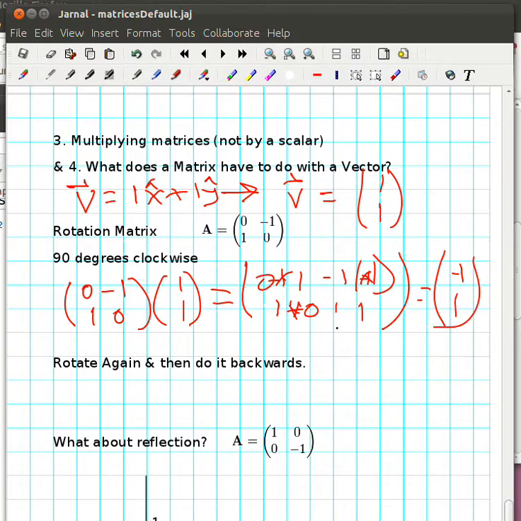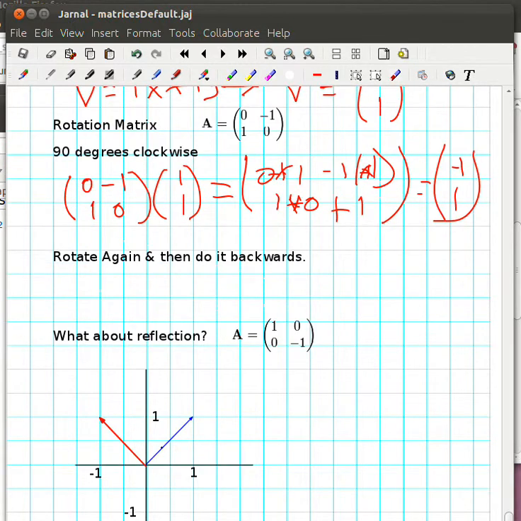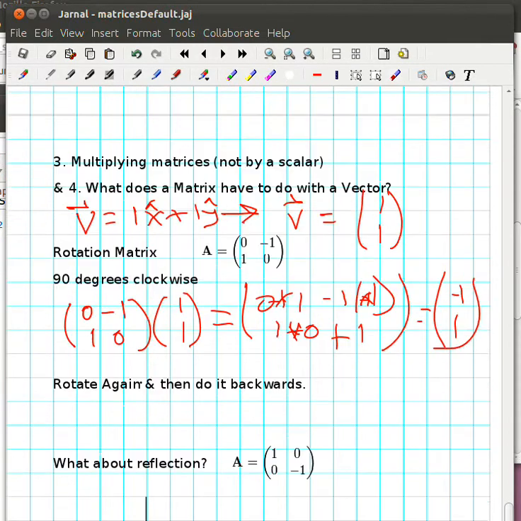That's a plus right there. So we went from this vector at 1 and 1, and we can see how the new vector is moved 90 degrees counterclockwise here to negative 1 and 1. So it did rotate it, and that's really the point of working with these matrices and vectors.